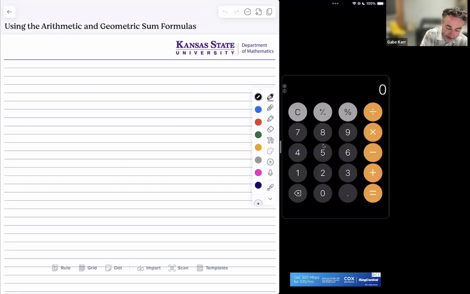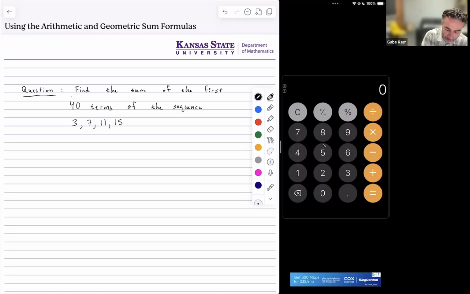So we'll just jump right in and say we're asked the following question, which is to find the sum of the first 40 terms of the sequence 3, 7, 11, 15.